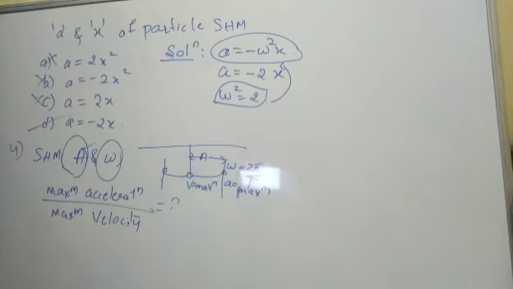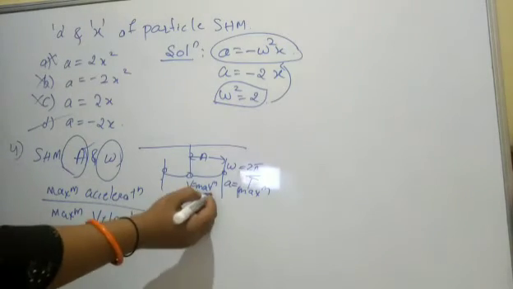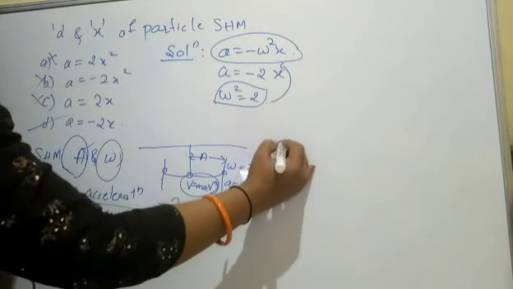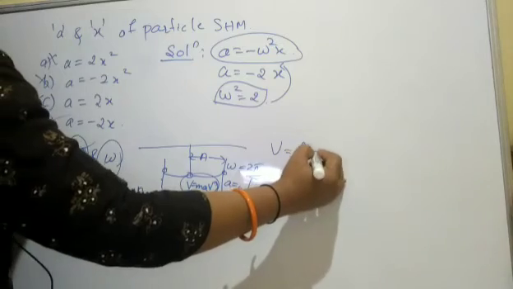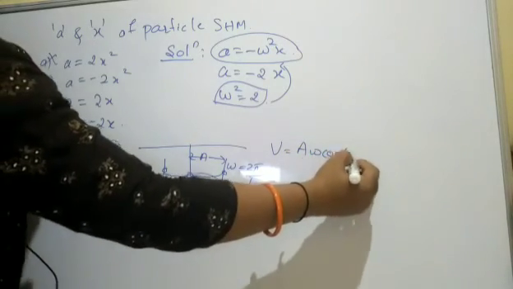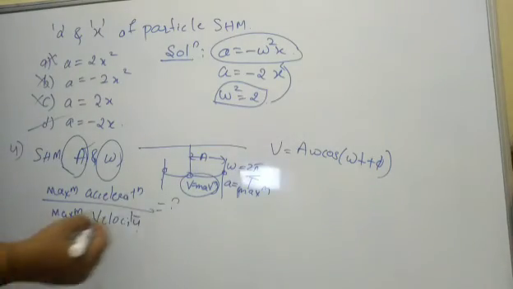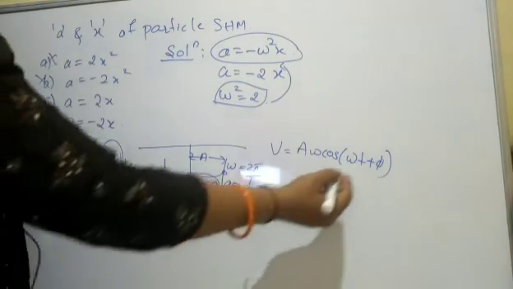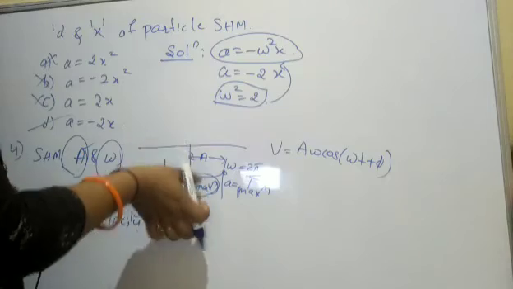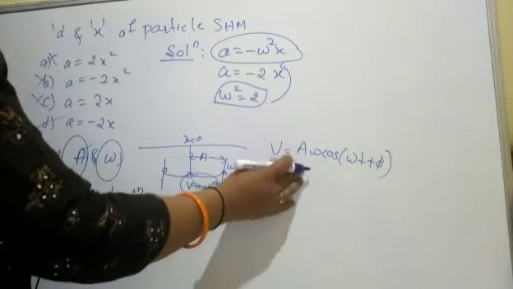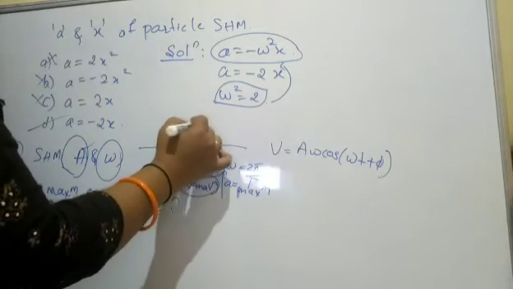So we'll go ahead with the maximum velocity, where it is at the mean position. That means we have v is equal to a omega cos(omega t plus phi), right? So maximum in the sense what here, x is equal to 0 at the time t is equal to 0.